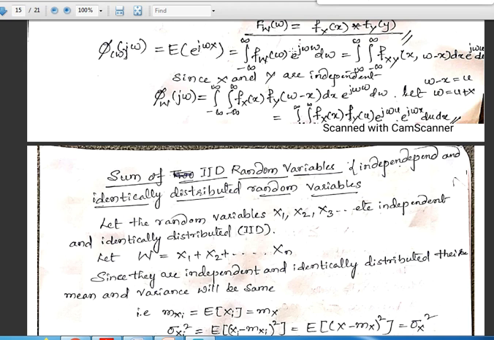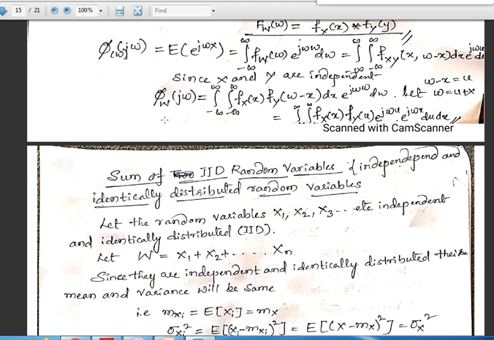So it is the integration of fw of w e raised to j omega w dw, which is written as fxy of x and w minus x dx e to the power of j omega w dw.